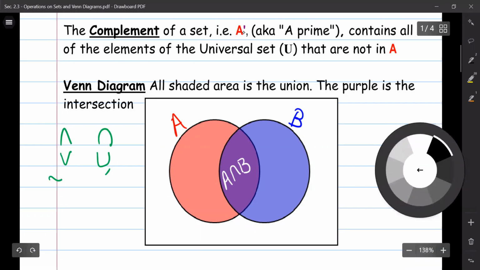And the box that they're in is the universal set. So we usually call that U. Universal set.